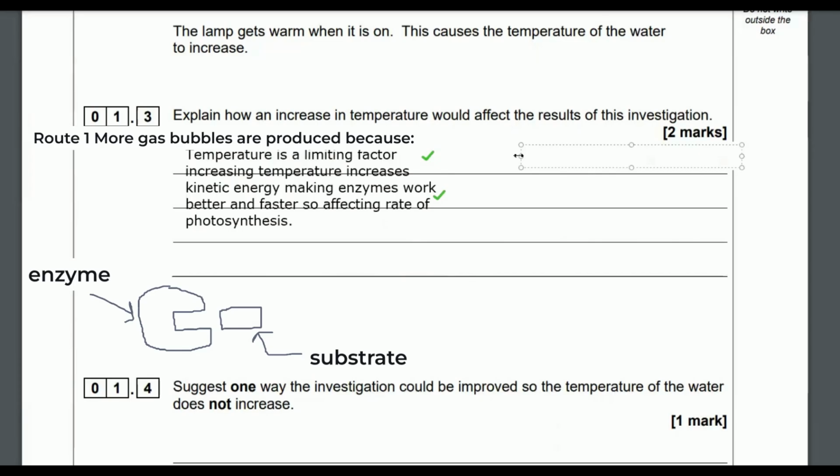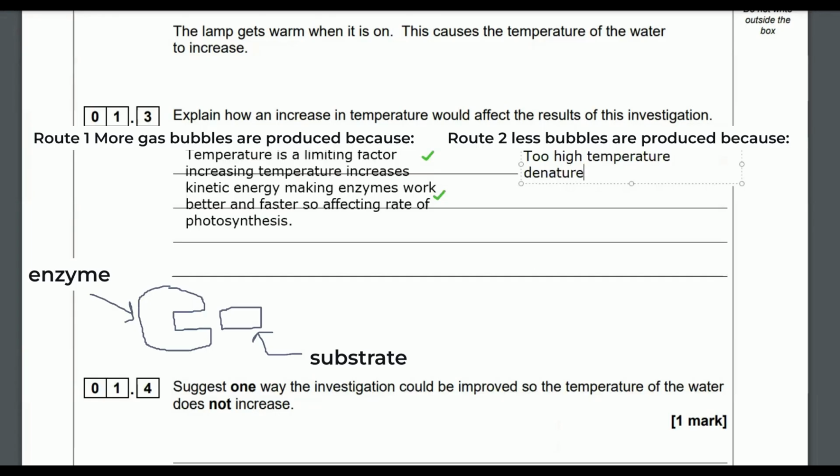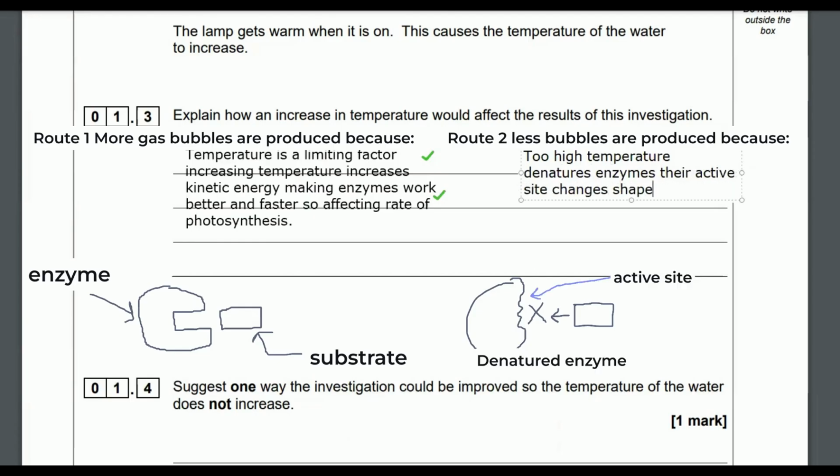But my preferred answer is probably the second angle of attack, which is too high temperature. What does a very high temperature do to enzymes? Too high temperature denatures enzymes. Their active site changes shape, will affect the rate of photosynthesis.